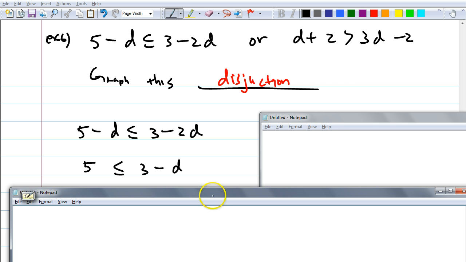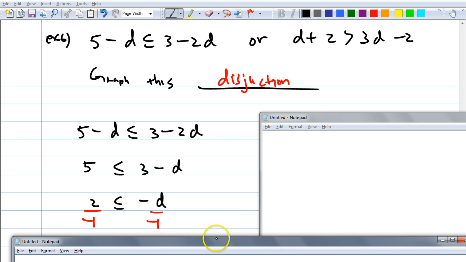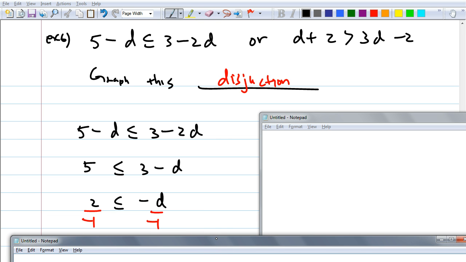And then I subtract 3. When I divide by -1, what do you have to do, guys? You must reverse the inequality symbol. I did this on purpose because sometimes you cannot avoid it. This time, if you add 2D to both sides, yes, you could avoid reversing it. But sometimes you can't. So I just want to remind you guys that you have to do that.